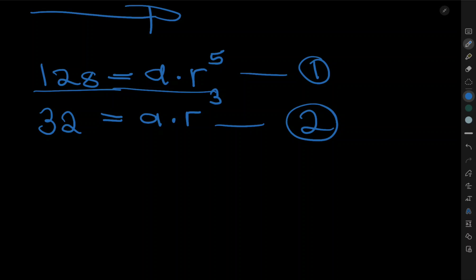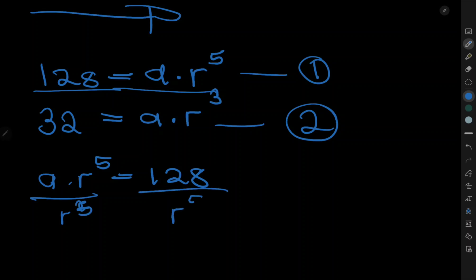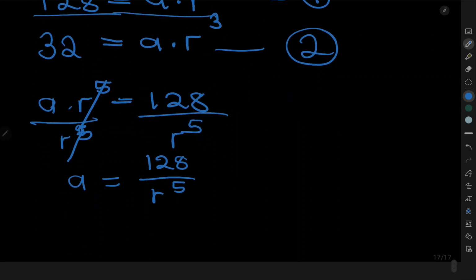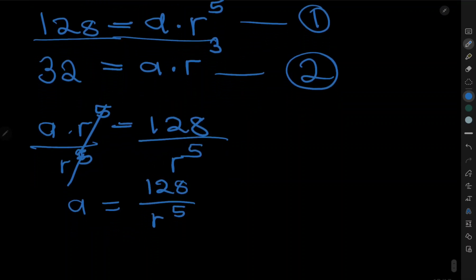So a times r to the power of 5 is equal to 128, and I'll divide both sides by r to the power of 5, and these will cancel. Now I have a equals 128 over r to the power of 5.